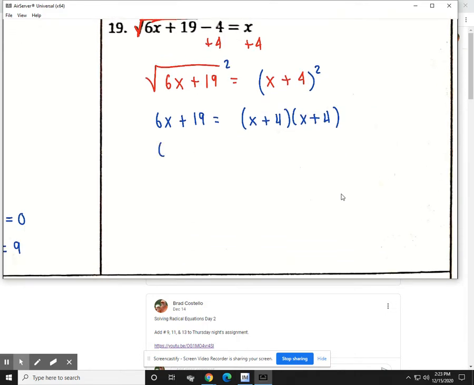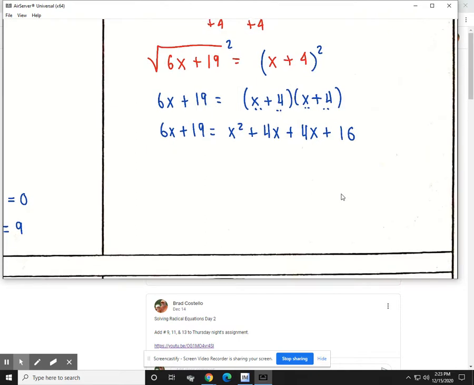So 6x plus 19 equals x times x, x squared, x times positive 4, positive 4x, another positive 4 times x, positive 4x, and then finally positive 4 times positive 4, positive 16. Now if I was there showing you, I would erase those two, but I'm just going to rewrite it. So we have 6x plus 19 equals x squared, plus 8x plus 16, since those are like terms.